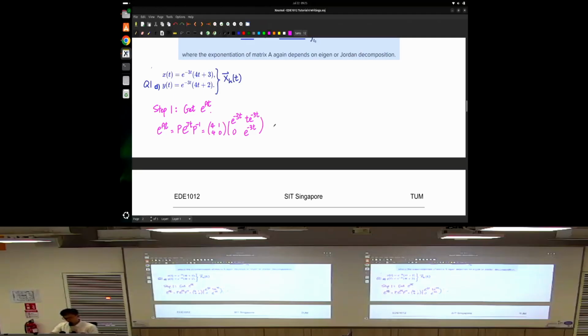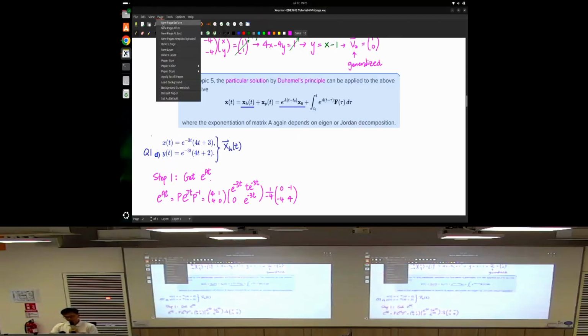So P inverse, you can see from here, is going to be 1 over minus 4, that is 0, minus 4. Then after that, you take the conjugate, which is 0, 4, and then minus 4, minus 1. Is that right?